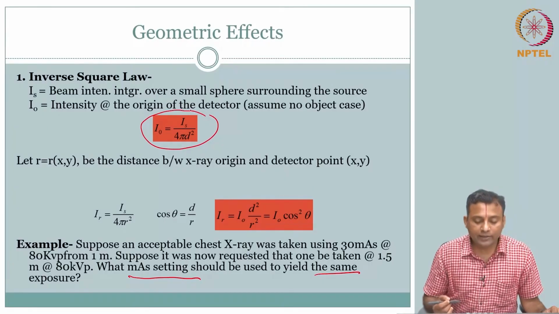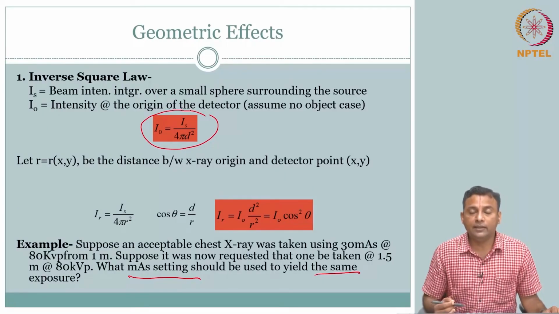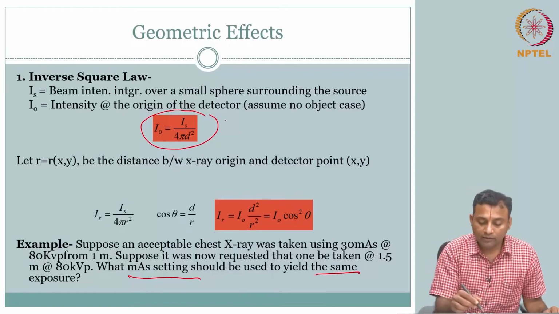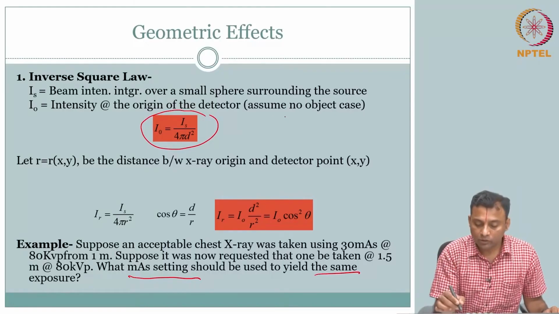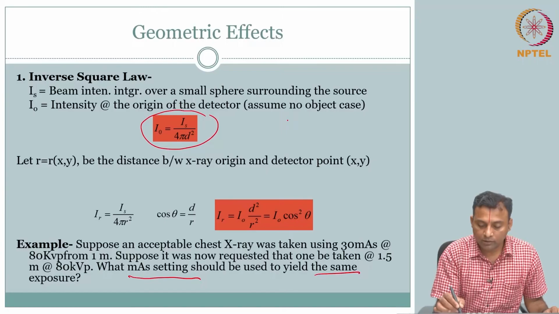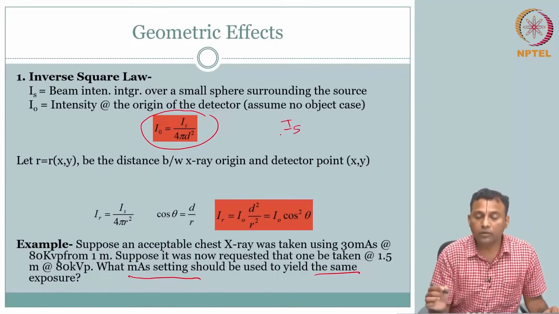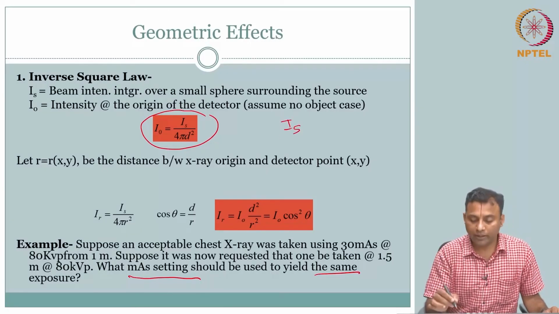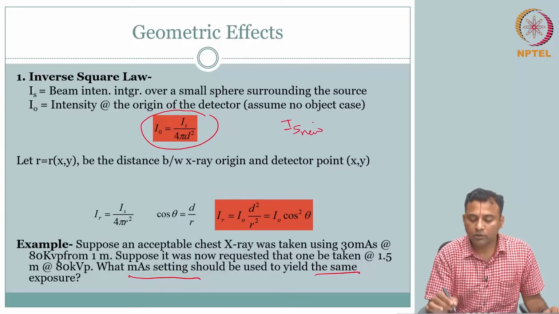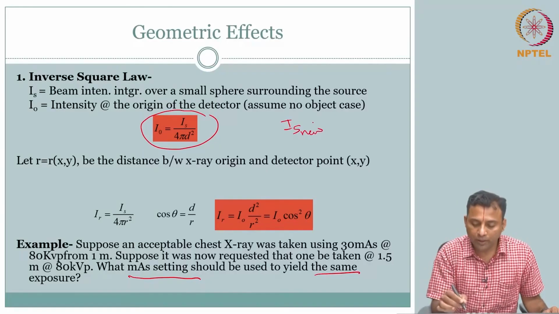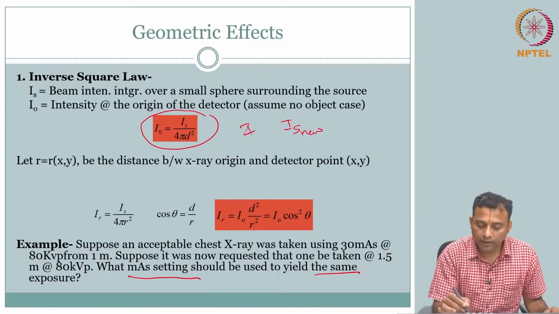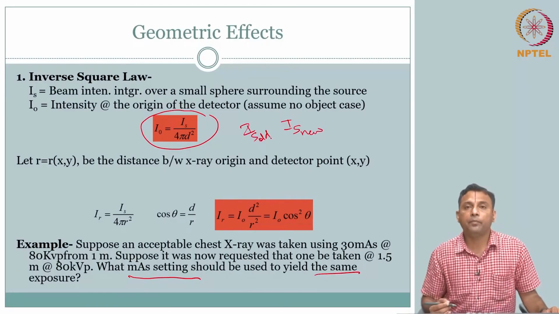The only thing you have to recognize is that this is intensity, so I can have it as old and new. I can have my source: I had one source, so I will call this source new and source old.